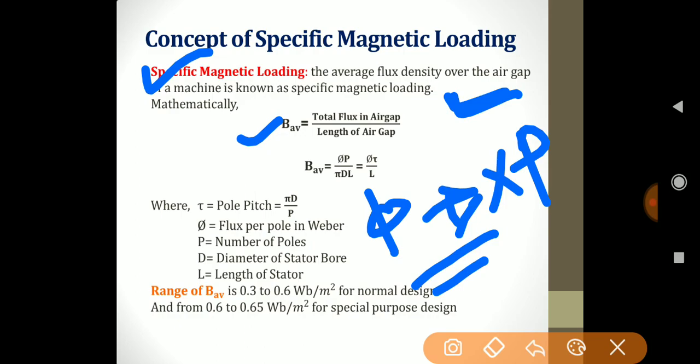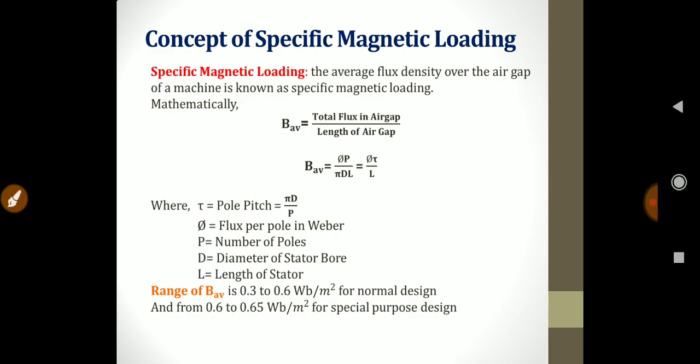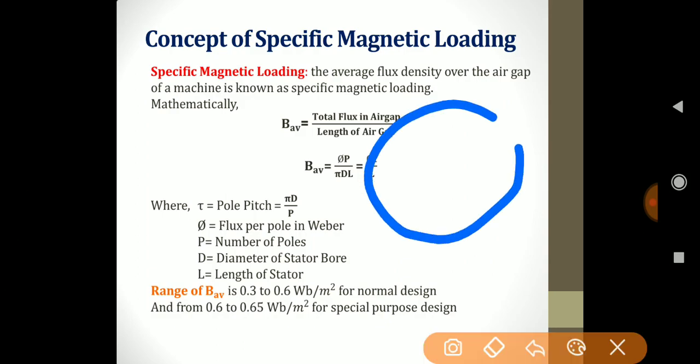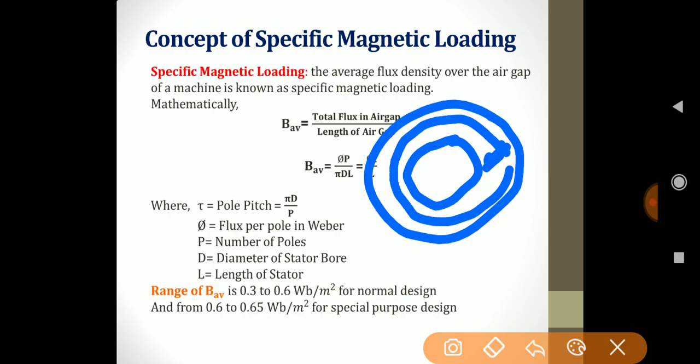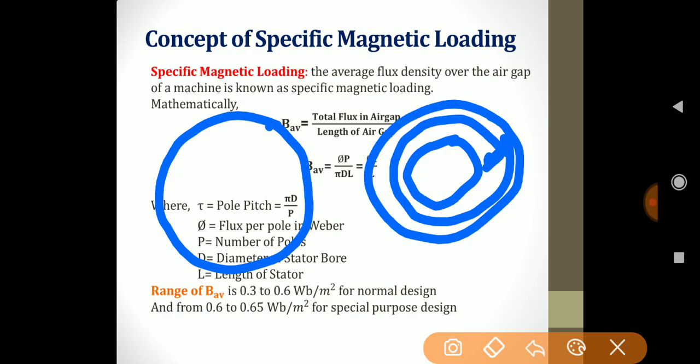If you consider the air gap for the induction motor, when we are drawing, this is your stator part, this is rotor part. In between the stator and rotor there is the air gap. The circle represents the length of air gap.